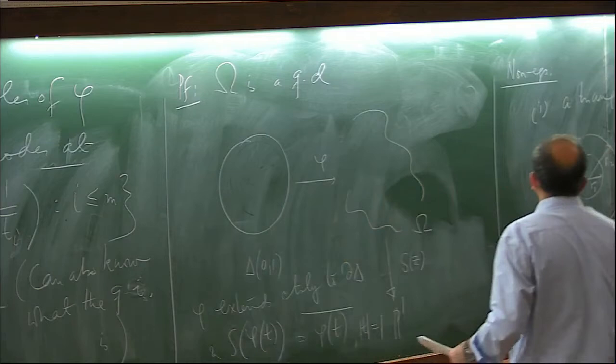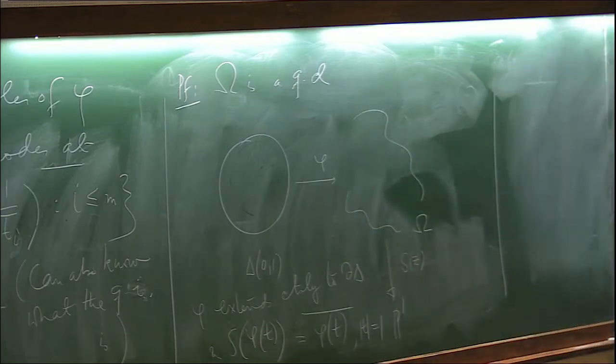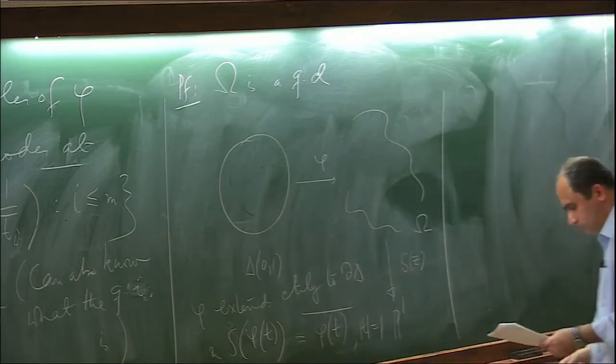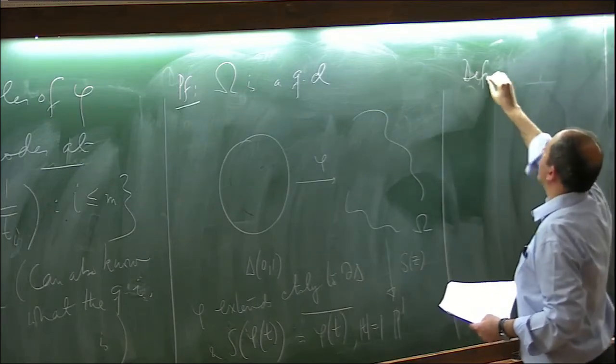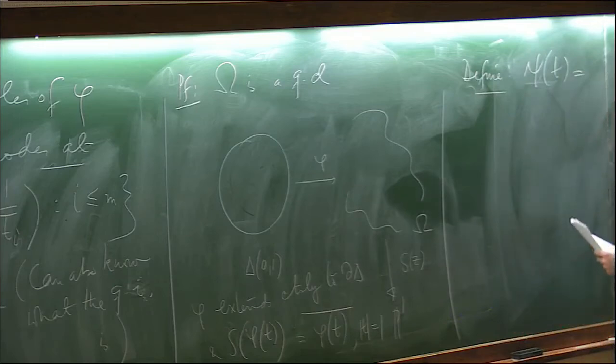So what's our goal? Our goal is to show that this map phi is in fact a rational function. Okay, so let's define two inversions. So this is psi of t equal to phi of 1 over t-bar, bar, for mod t bigger than 1.